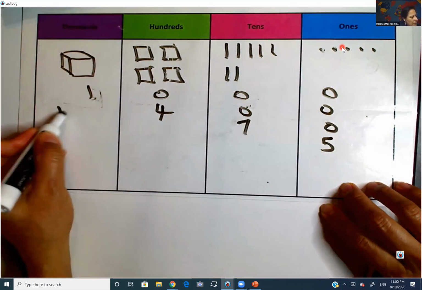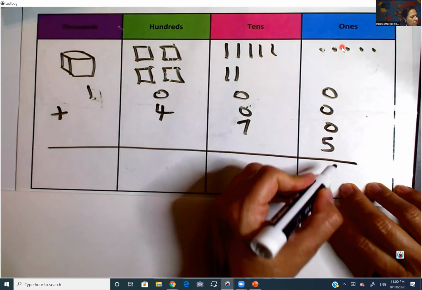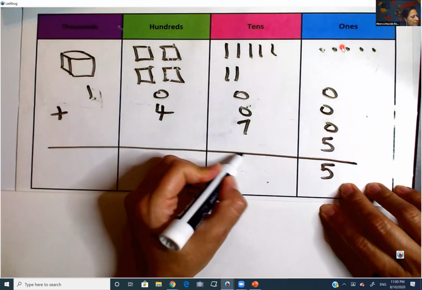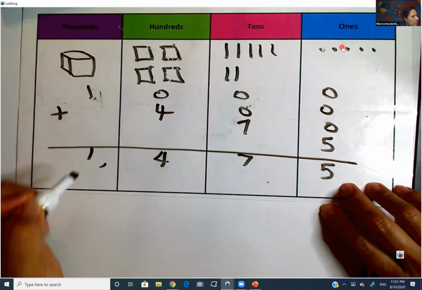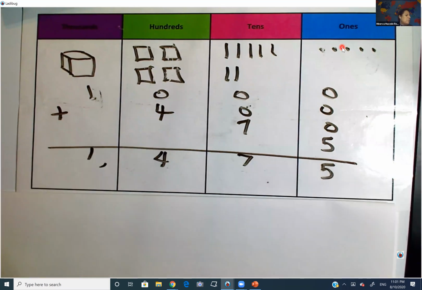When I represent this as an addition, it's going to be 5 ones, 7 tens, 400, and 1,000. So when I add my numbers, my expanded form is going to give me the answer that is going to be the standard form.